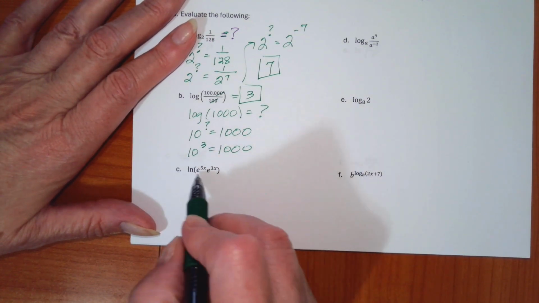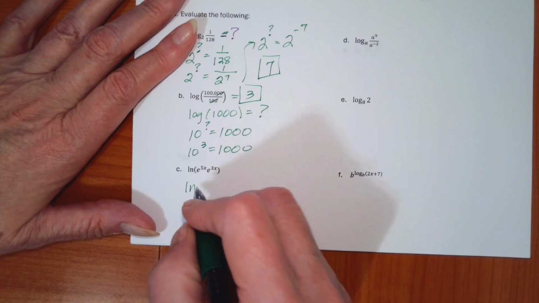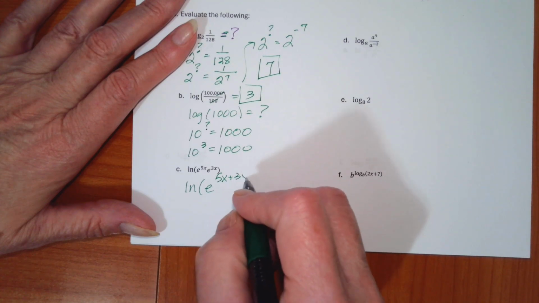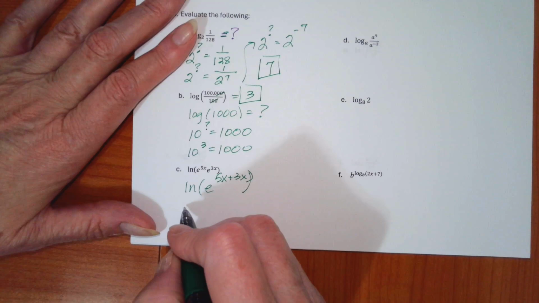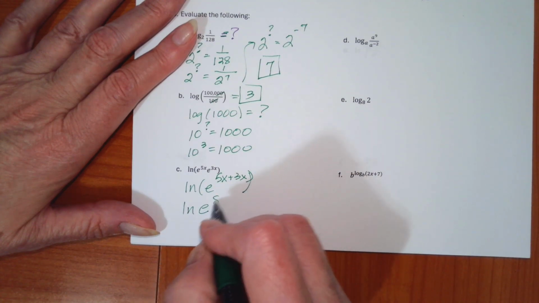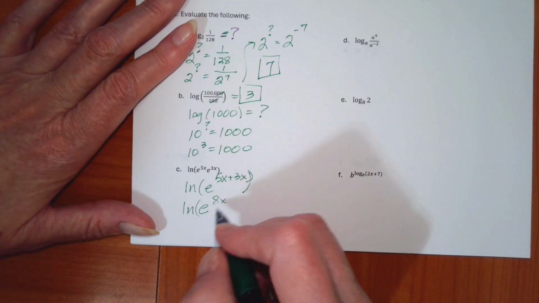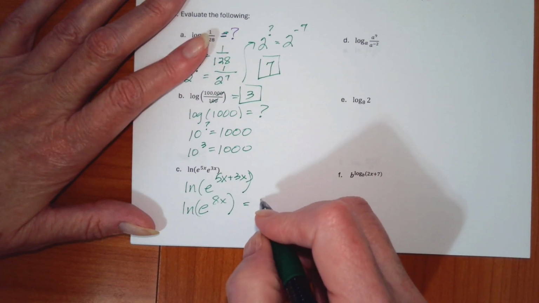Okay, so if I'm multiplying here, of course, I can turn this into a single, so the natural log of e to the 5x plus 3x gives me the natural log of e to the 8x, which is just 8x.